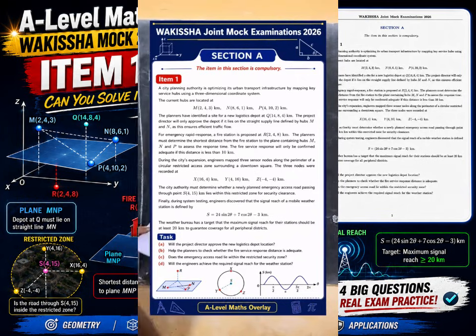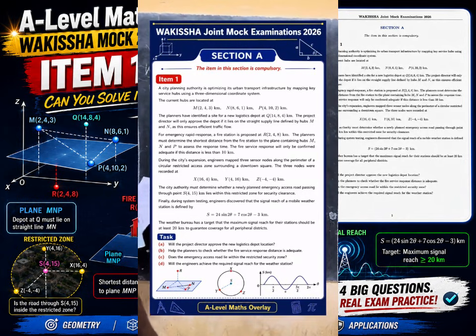The planners have identified a site for a new logistics depot at Q. The logistics depot will be at the point 14, 8, 4 kilometers.